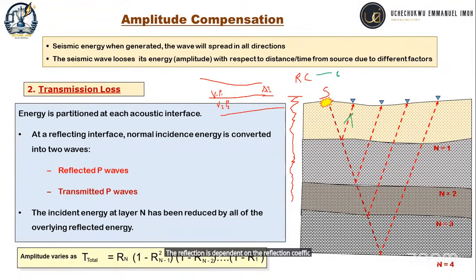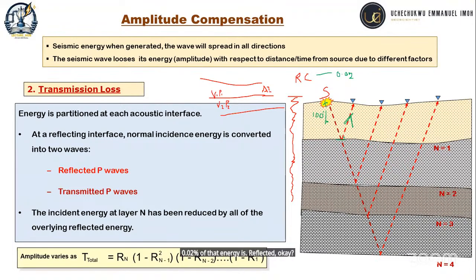So if your reflection coefficient is 0.02, for instance, it means that, let's assume that the seismic wave on generation from the source, 100% of the energy is traveling. On getting to this boundary, 0.02% of that energy is reflected.